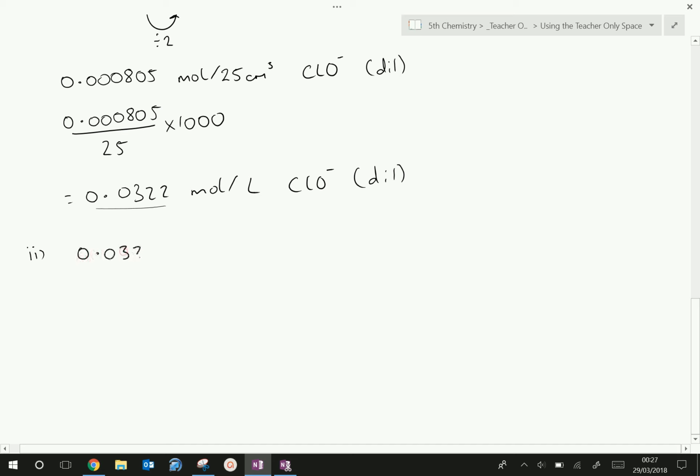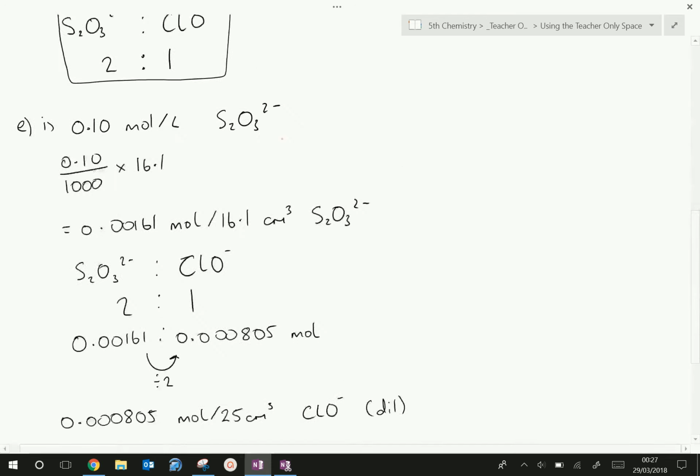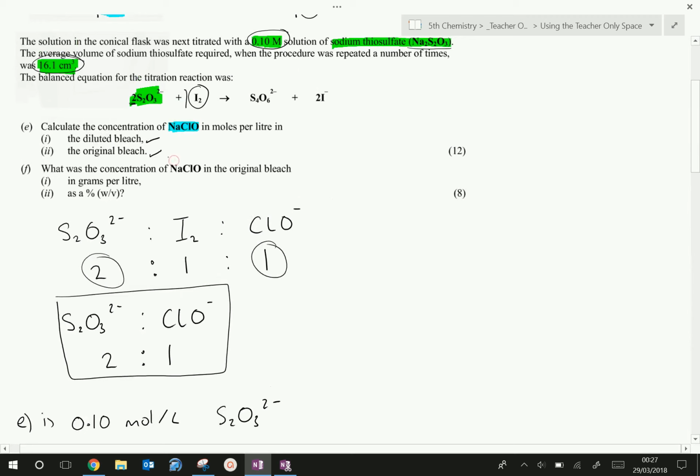So 0.0322 times 20 to make it 20 times more concentrated is 0.644 moles per litre of hypochlorite in the original bleach. So that's E part 2 done.